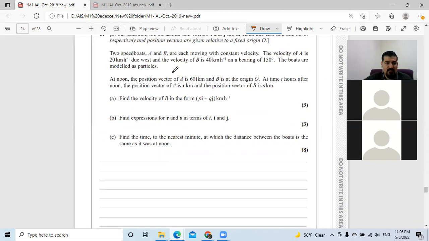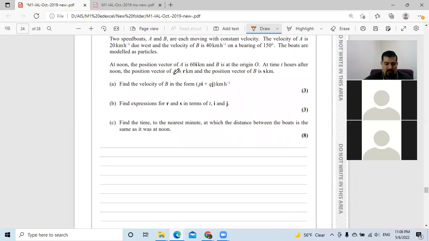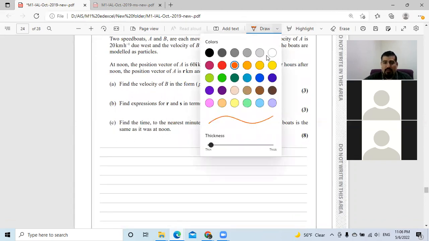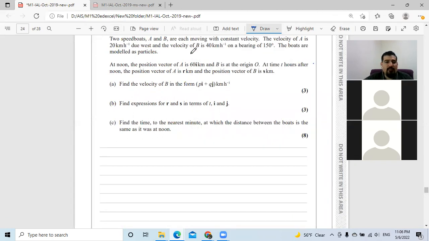Question number 8. What do we have here? Two speedboats, A and B, each moving with constant velocity. The velocity of A is 20 km/h due west, and the velocity of B is 40 km/h with a bearing of 150 degrees.